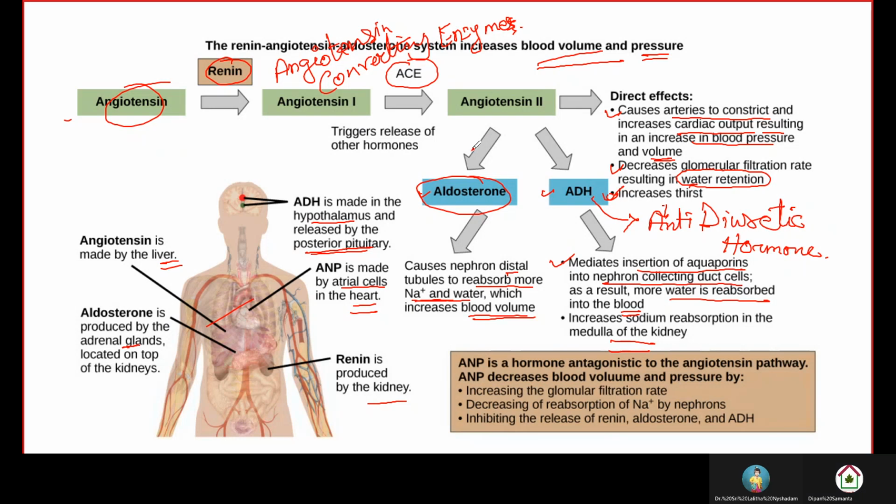So angiotensin 2 triggers the secretion of aldosterone. So it is produced where? Adrenal gland. Remember, produced in the adrenal glands, located on the top of the kidney. So this is about RAS, the renin-angiotensin aldosterone system.